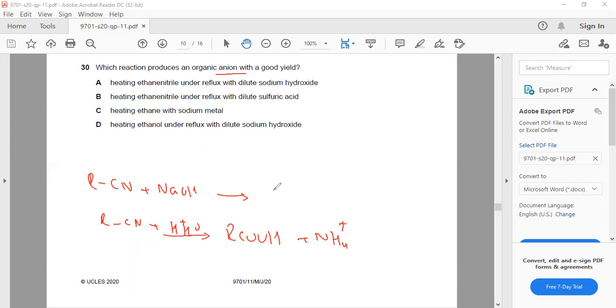Write down these equations. Then RCOO minus in alkaline hydrolysis in water plus NH3. Okay, this is alkaline hydrolysis.